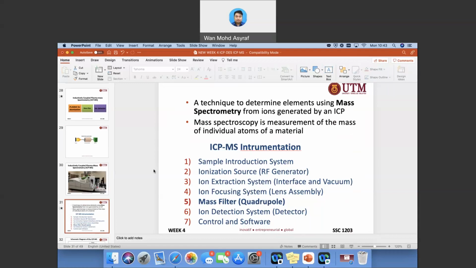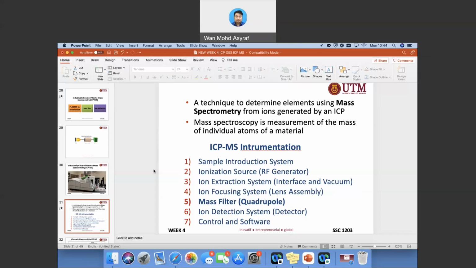It happens inside the flame due to the high temperature. Compared to AAS, ionization is not favorable, it's not desirable to happen. But for ICP-MS, it is a technique to determine elements using mass spectrometry from the ions generated by the ICP. Mass spectrometry is a measurement of the mass of the individual atoms of a material.